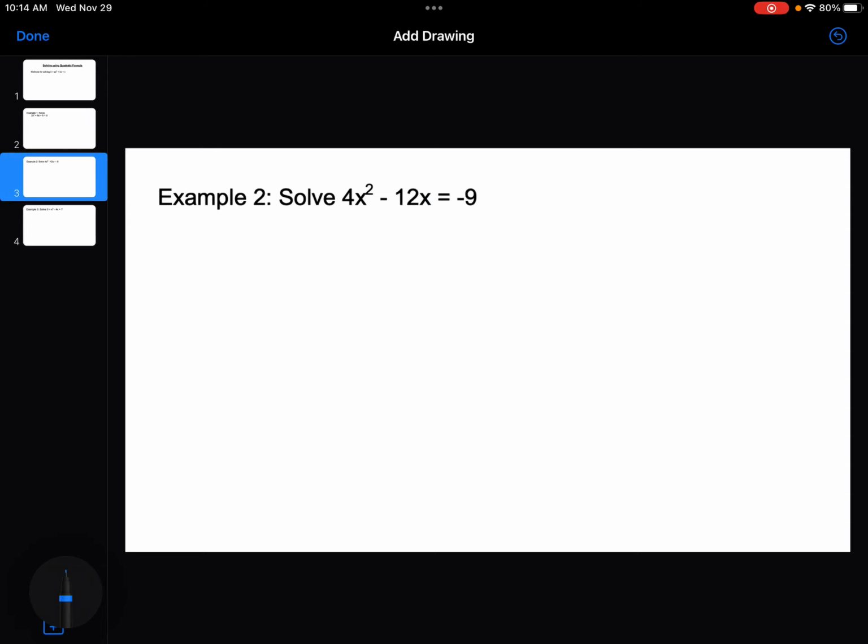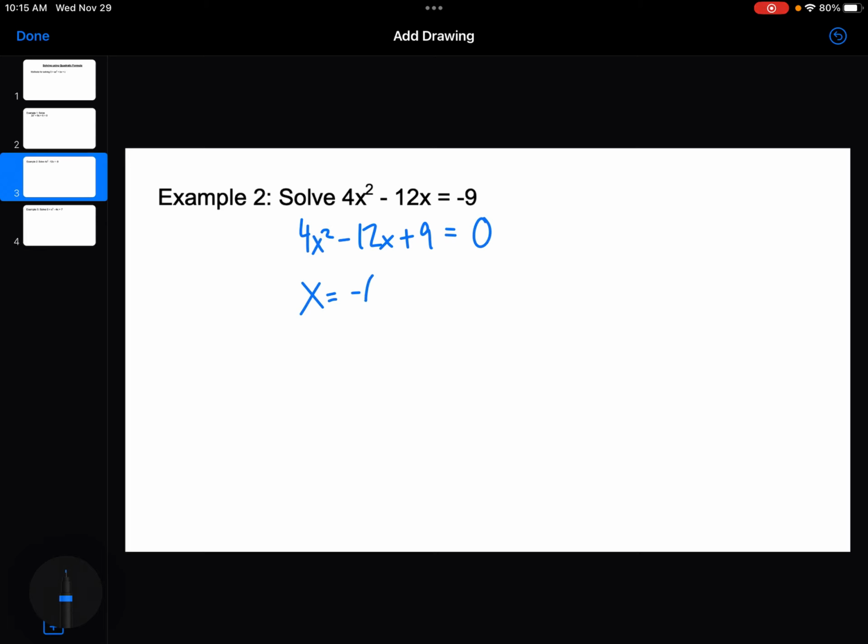Okay, moving on to the next one. The first thing we need to do is always rearrange so that we have everything on one side of the formula. Let's do the quadratic formula, since we can't factor that, or if we can, it might be difficult. I'm not going to write it out again.